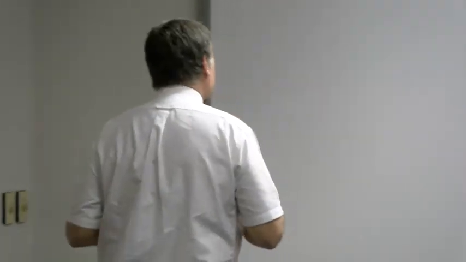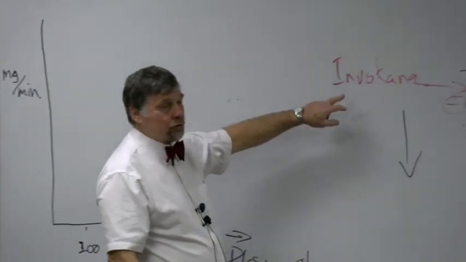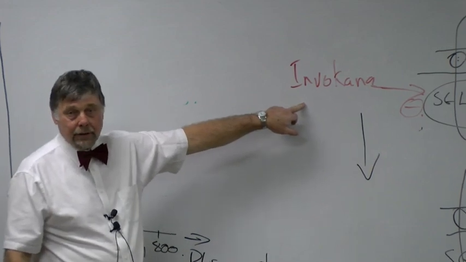Now, in my mind, I didn't like the idea of using this toxin to achieve an end. But it not only turns out that this has been incredibly effective, but it's also got a lot of other benefits as well. So it has proven to be a very effective drug to treat type 2 diabetes.